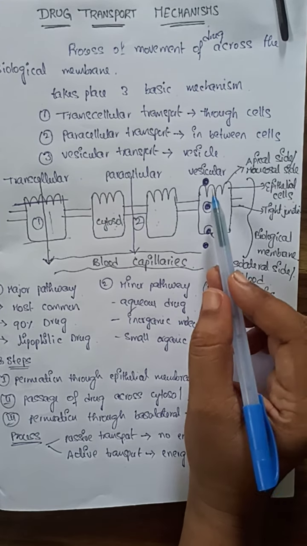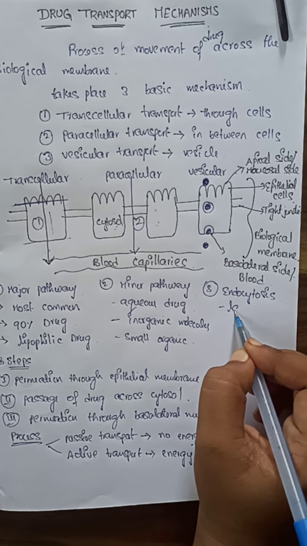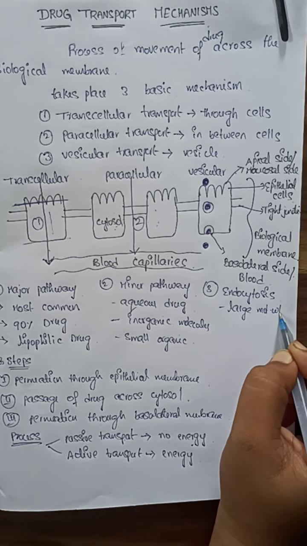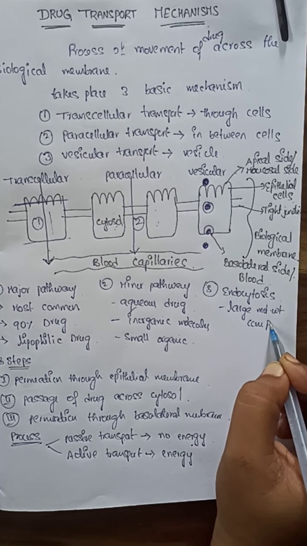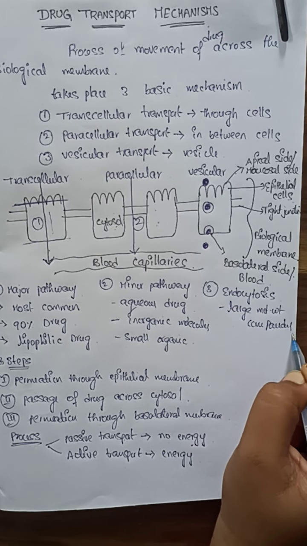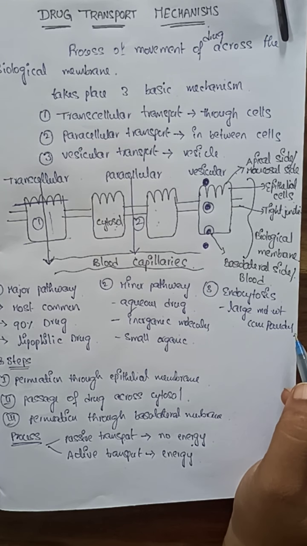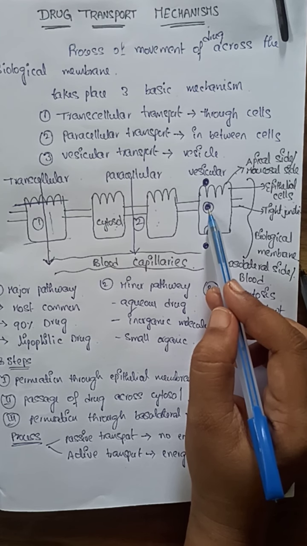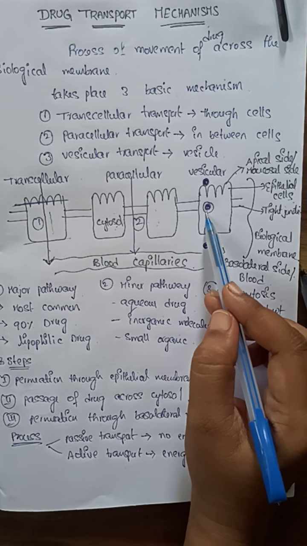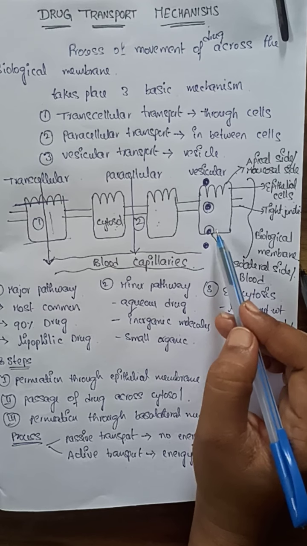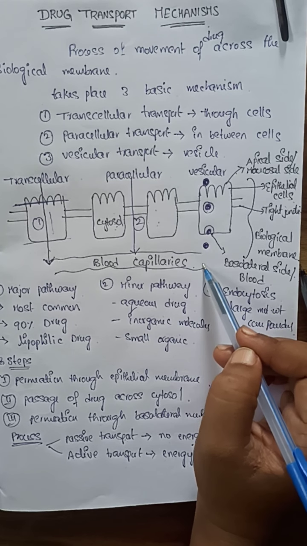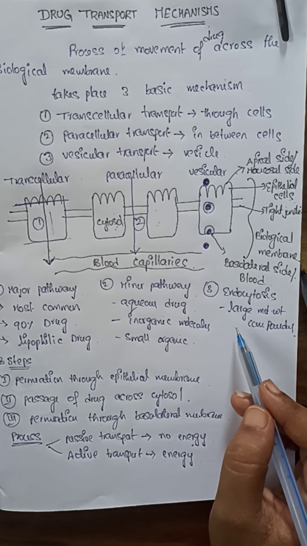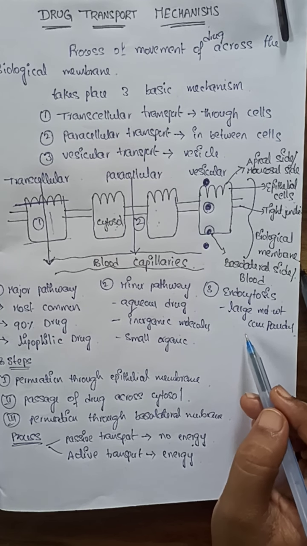Here the large molecular weight compounds are absorbed by this route, and the drug will be engulfed by the cells and forms a vesicle, is transported across the cytosol and released into the blood capillaries. This is known as vesicular transport. So mostly large molecular weight compounds are transported by this route.